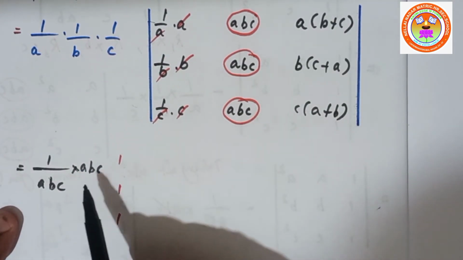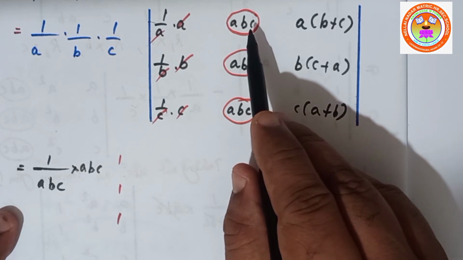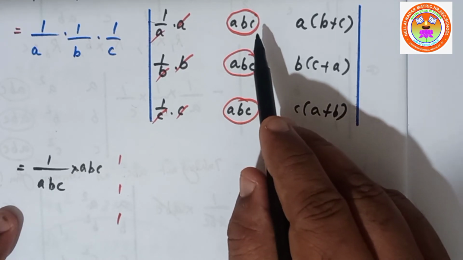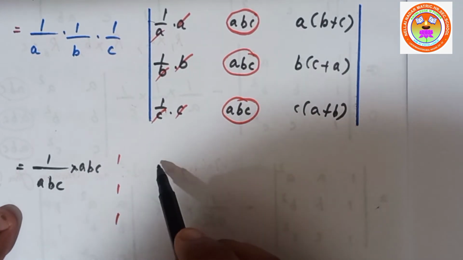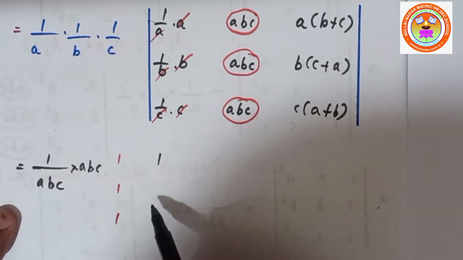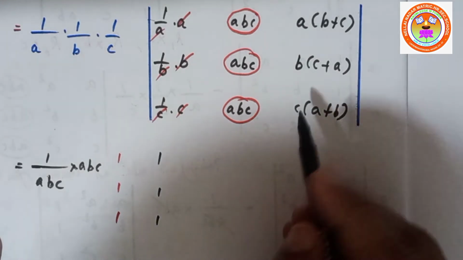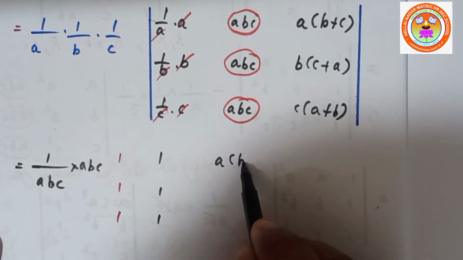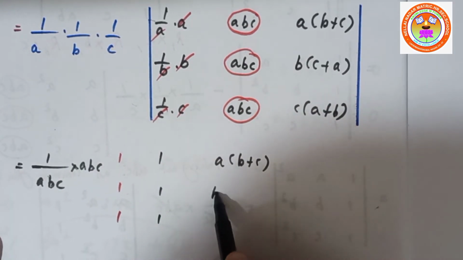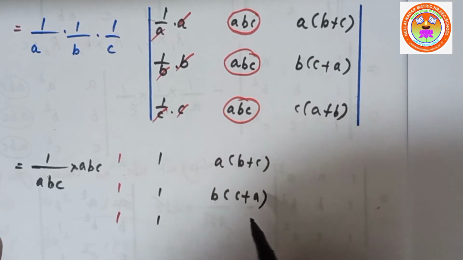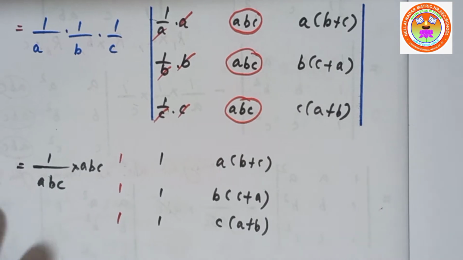Once you take ABC as common, you have to divide each and every element by ABC. If you divide by ABC, you will be getting 1. ABC by ABC is 1. ABC by ABC is 1. Write the third column as it is. A into B plus C, B into C plus A, C into A plus B.